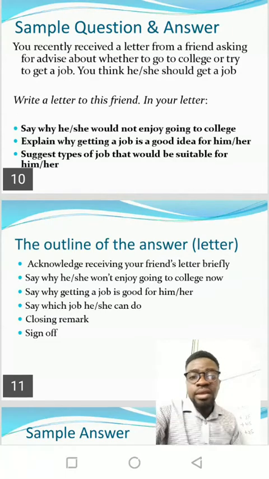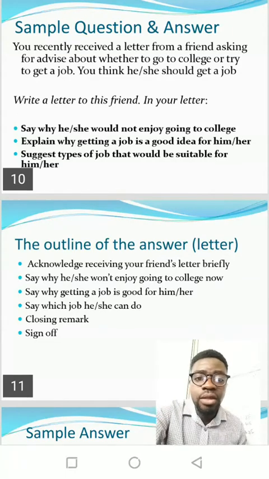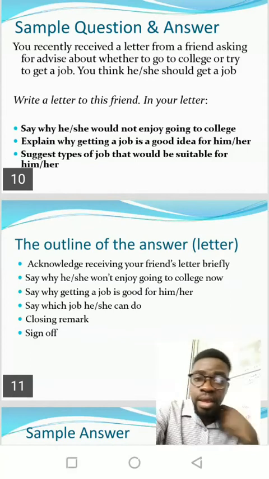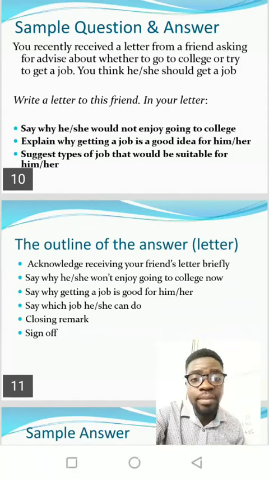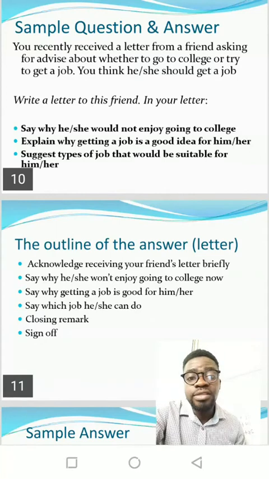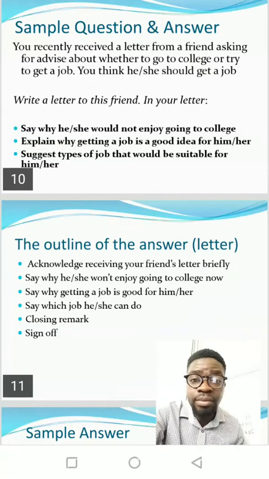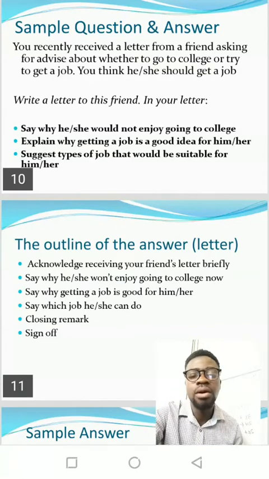In your letter, say why he or she will not enjoy going to college. Explain why getting a job is a good idea for him or her, and suggest types of job that would be suitable for him or her. Okay. Now you have the question statement.